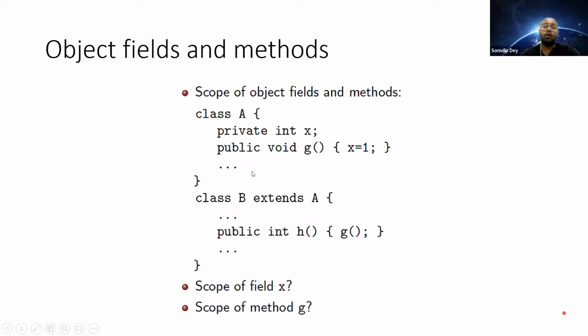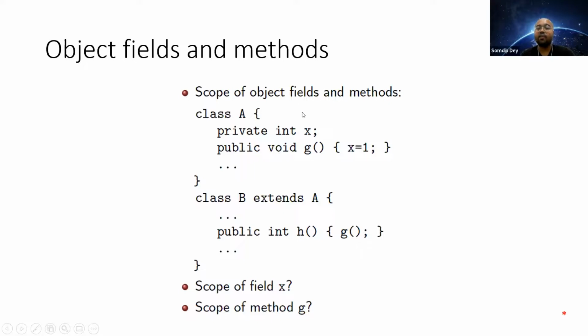Now you have another class called B, which inherits from A. Inside the class B, you define another function, which you call h with the return type int, and inside h you are using g.